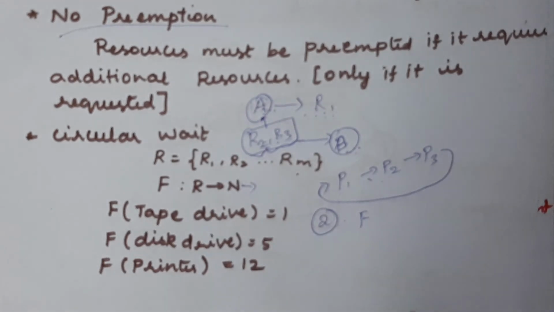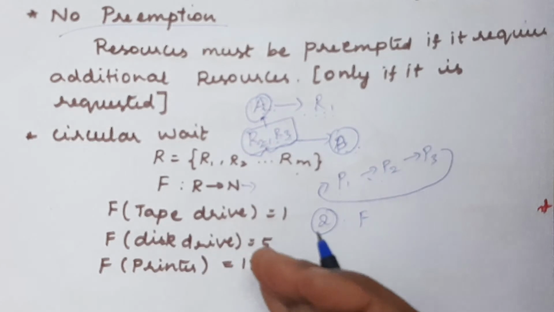Here the process may request any number of instances of the same resource type, but whatever it is requesting, if it requires some other additional resources, we need to check whether it is in increasing order. If it is in increasing order, we can allocate the resource, otherwise we should not allocate. This is the condition to be satisfied here.